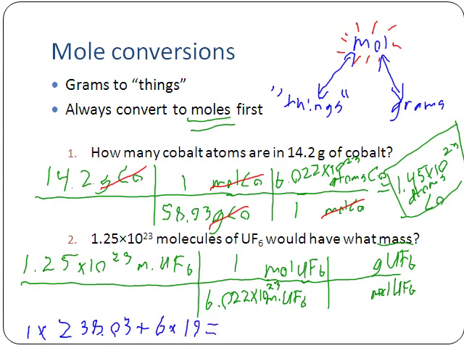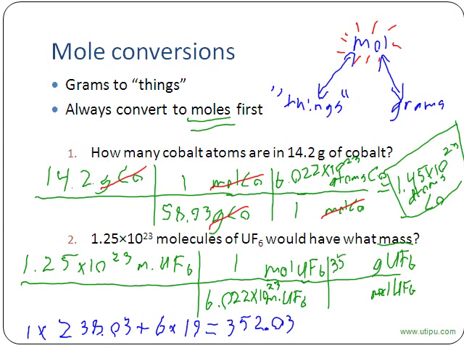And so you can go ahead and take the calculator and say 1 times 238.03 plus 6 times 19. And so when you do that, you end up with a mass of 352.03. And that is going to be the molecular mass of uranium hexafluoride, UF6.